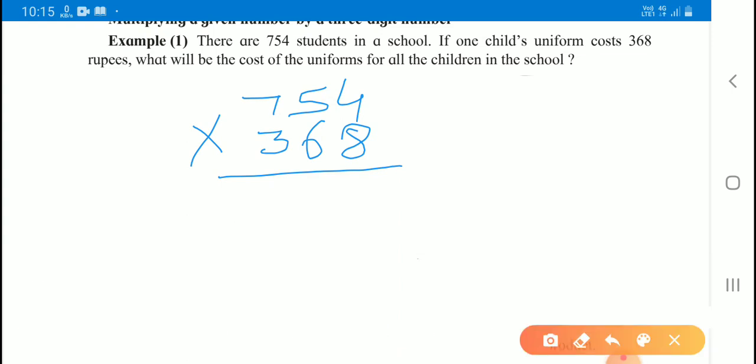First of all we will multiply by 8. It is the unit place number. 8 fours are 32. 3 carried. Now that 3 we have to keep in mind. 8 fives are 40. 40 plus 3, 43. 4 carried, keep in mind. 8 sevens are 56. 56 plus 4 is 60.